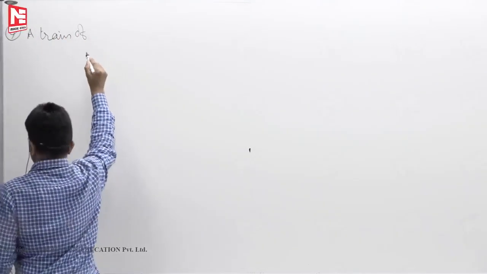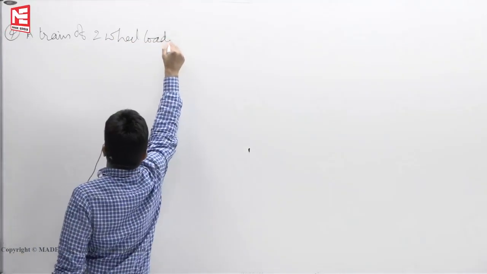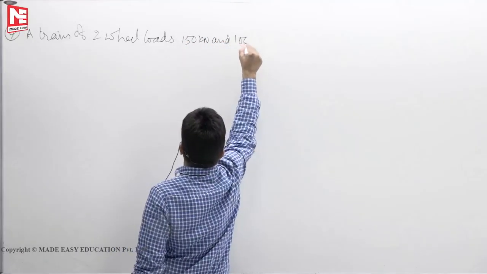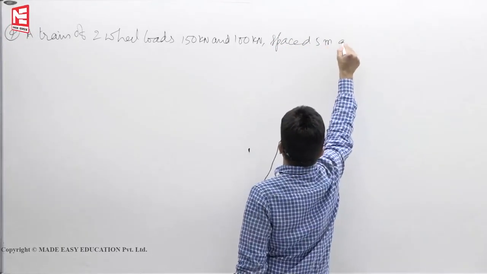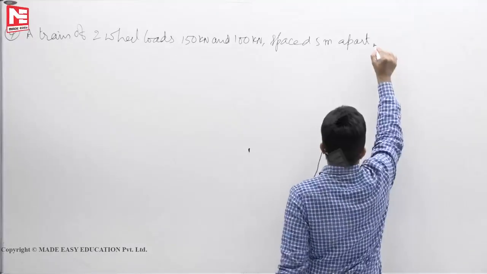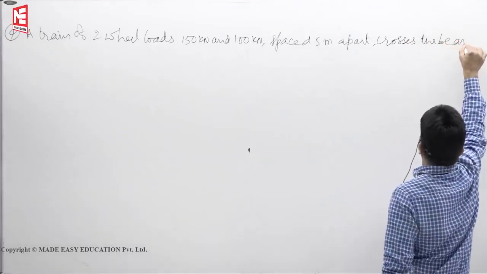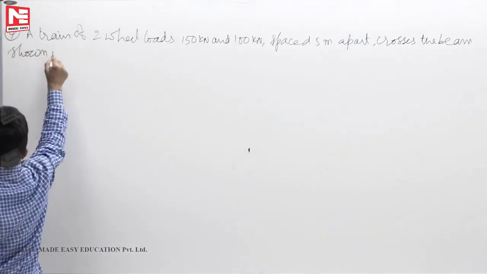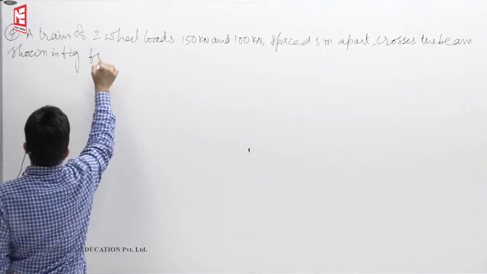A train of two wheel loads, 150 kilonewton and 100 kilonewton, spaced 5 meters apart, crosses the beam shown in figure from left to right.